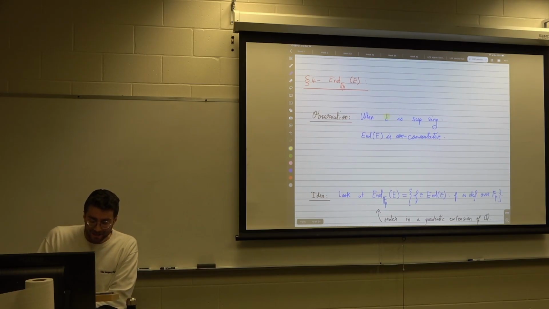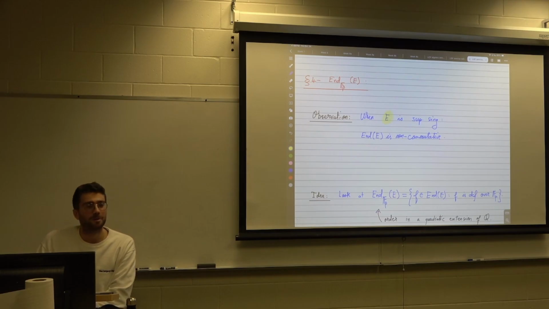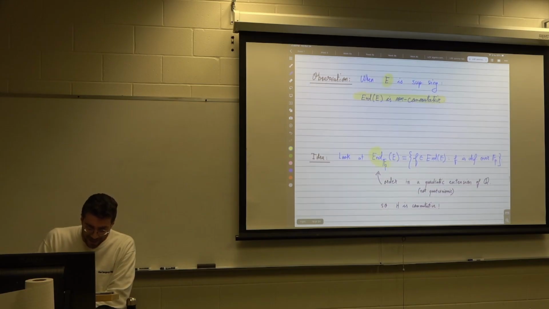I said that the endomorphism ring of E is in a quaternion algebra. So you remember the quaternions, we have ij equals negative ji, right? So it's not commutative. So this End(E) here is not commutative. But maybe we can do something that will be commutative. What if I do this End(E), but then I have a subscript F_p?